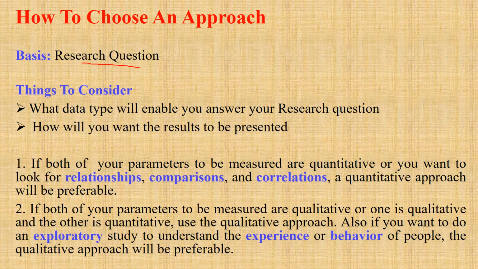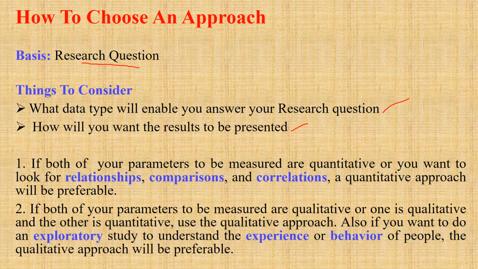So when choosing an approach, these are the things that you should consider. Firstly, what data type will enable you answer your research question? So which data type are you going to be using in your research? Okay, so how will you want the result to be presented? So you should also have an idea how you want your result to be presented.